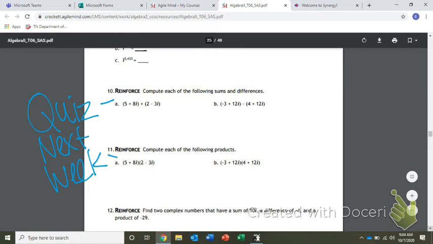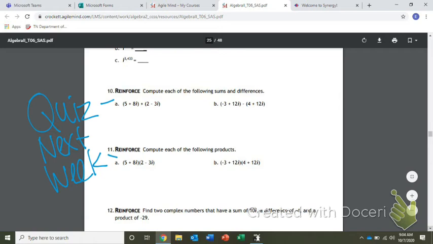So 10 and 11 will be on a quiz next week. If you want to write that down so you know exactly what to do, I'm giving you the problems. It'll be a few more, but you're going to know for sure 10 and 11 will be on there.